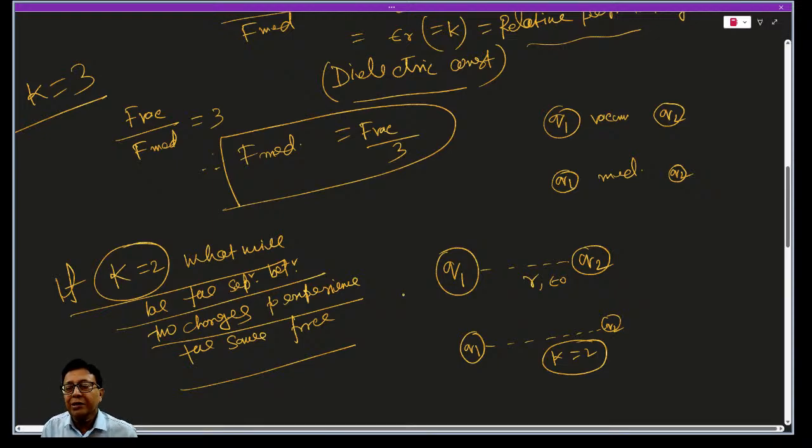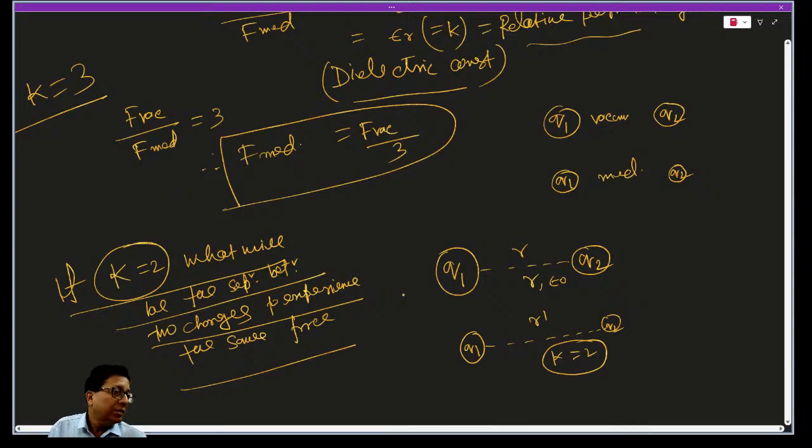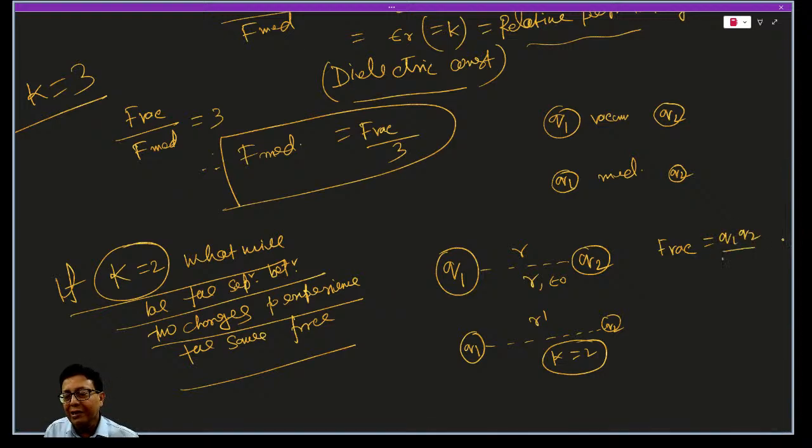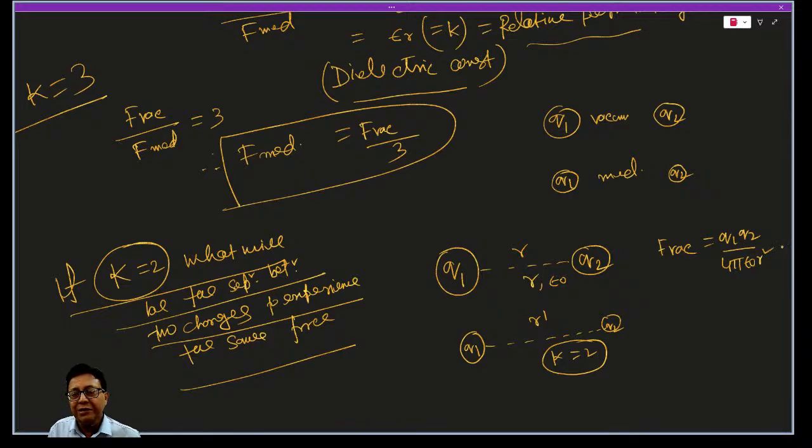Formula here is what? Suppose this distance R and this one R dash. In vacuum, F is Q1 Q2 by 4 pi epsilon 0 R square. In this medium, F medium will be what?